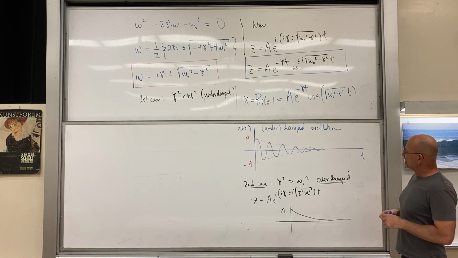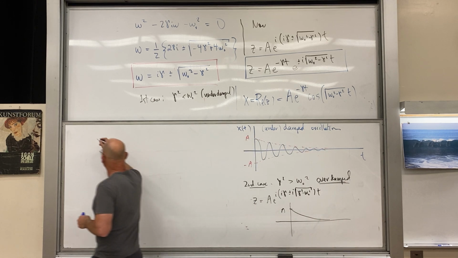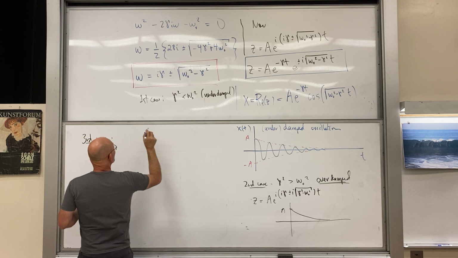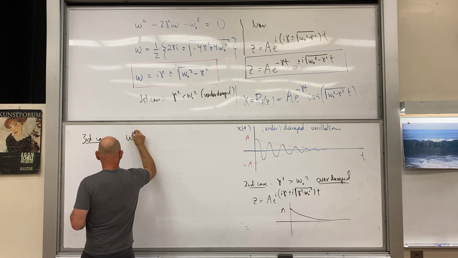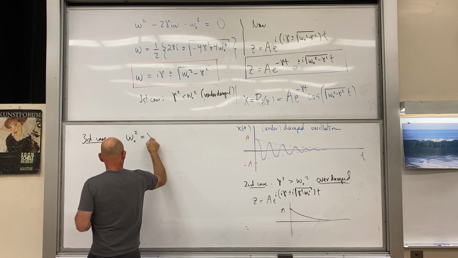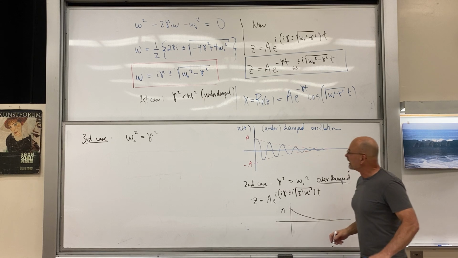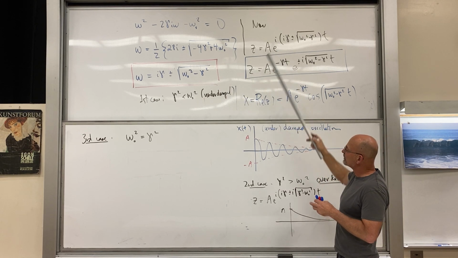The third case is interesting. It's called the critically damped case. So the third case, omega naught squared is equal to gamma squared. Then there is more than just this solution that we have right here.